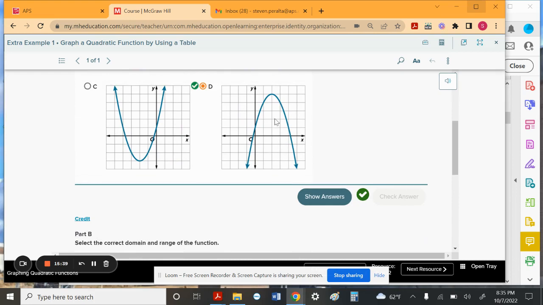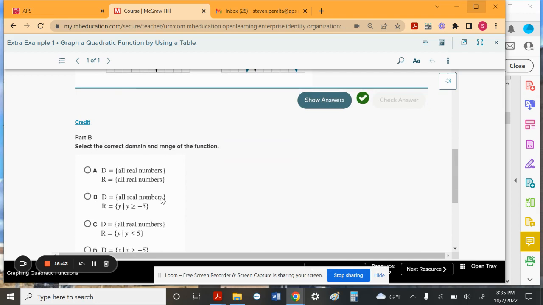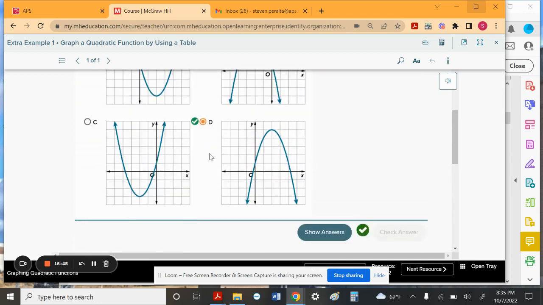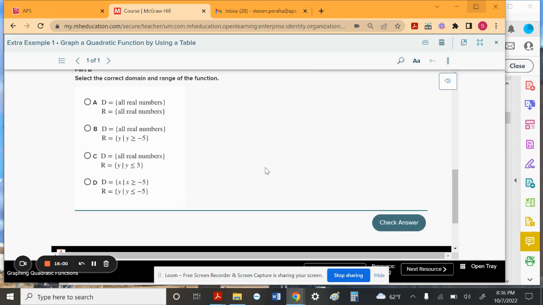Okay, and then based on this, what is my domain? It's all real numbers. So it cannot be d because it runs all the way across here. And then it starts at negative infinity down here and goes all the way up to 1, 2, 3, 4, 5. So it goes up to 5.